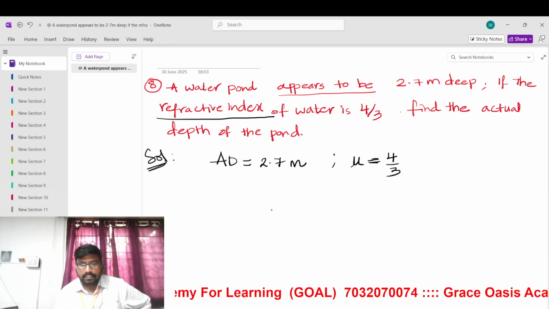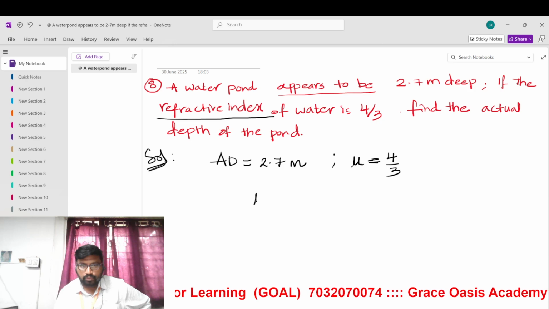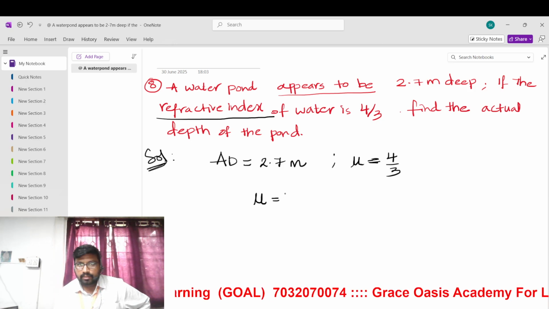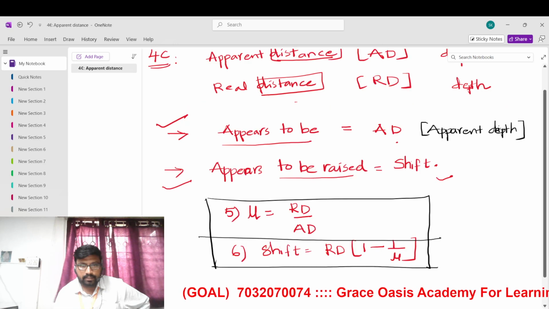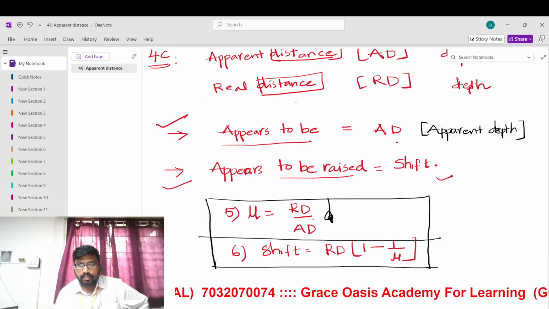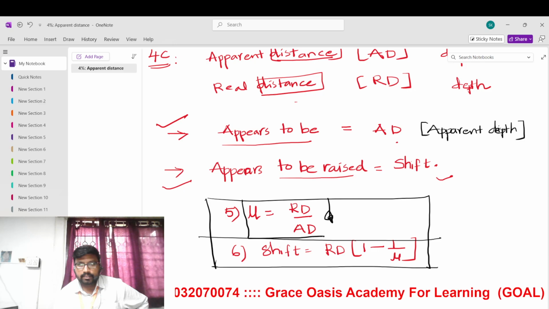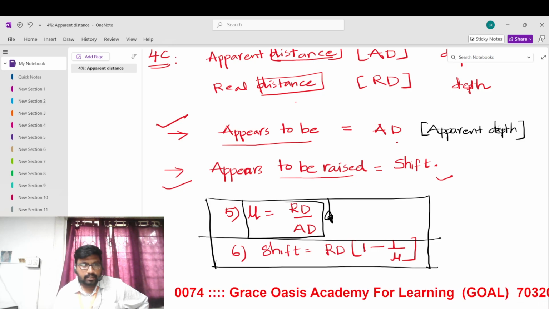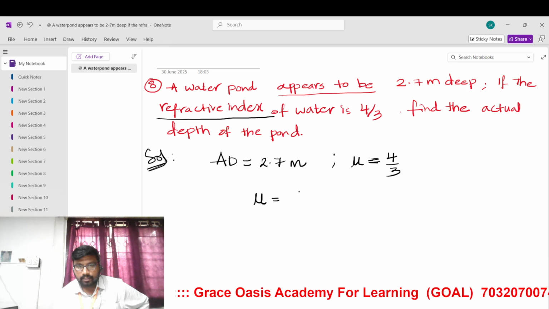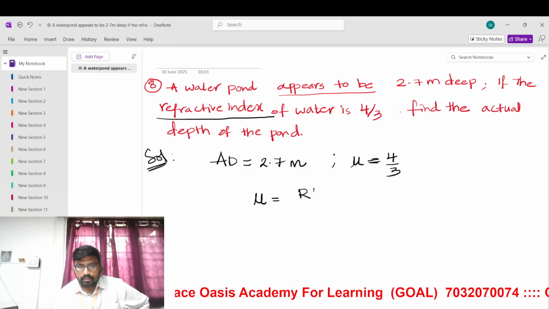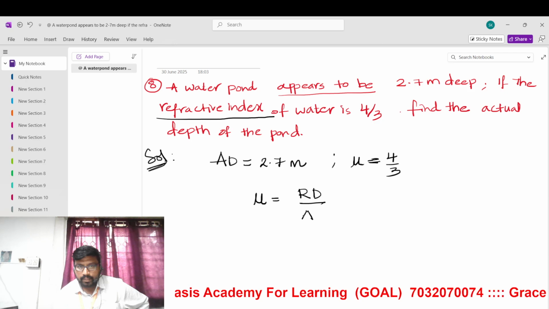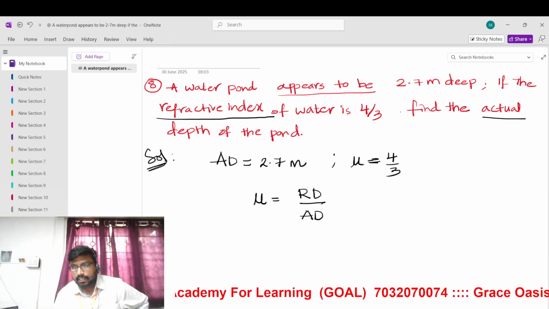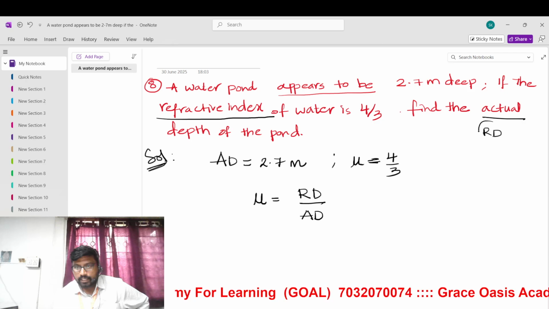Now what is the formula we have seen? Mu equals RD by AD. So what are they asking? RD they are asking.